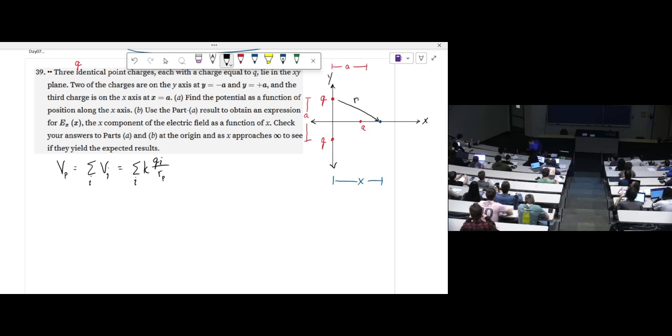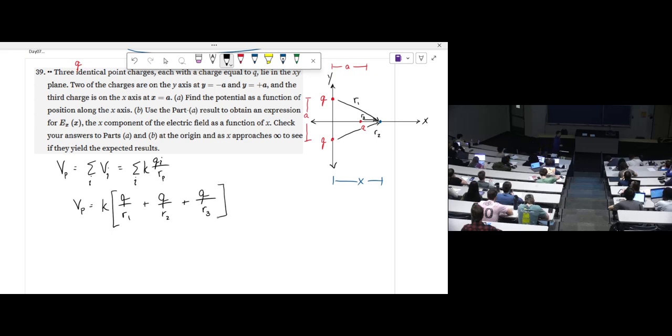We'll call this R1. What is this distance? We'll call this R2. And what is this distance? We'll call it R3. So the potential at that point is the sum of those. When I sum them up, I can pull out a factor of k, and so I get Q divided by R1 plus Q divided by R2 plus Q divided by R3.